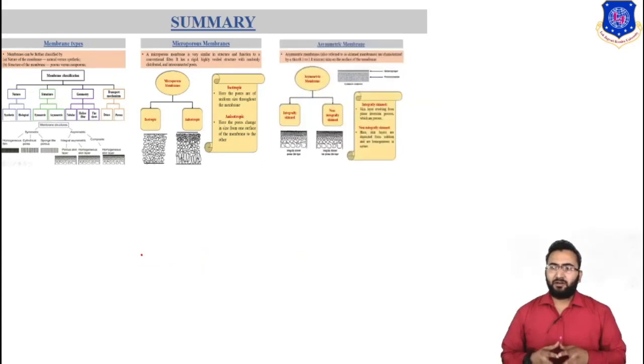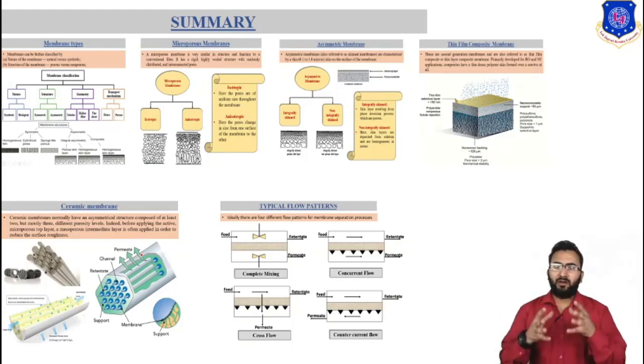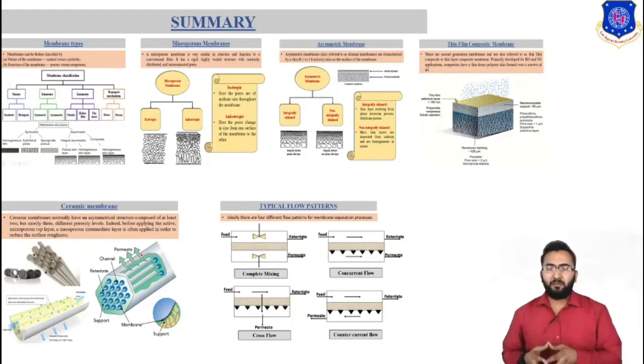In this lecture, we talked about the various types of membrane and considered classification of membrane on the basis of structure, geometry, transport rate and nature of membrane. Then we discussed the microporous membrane, which is further classified as eccentric membrane and non-eccentric membrane. Then we talked about the asymmetric membrane, which is further classified as integral skin membrane and non-integral skin membrane.